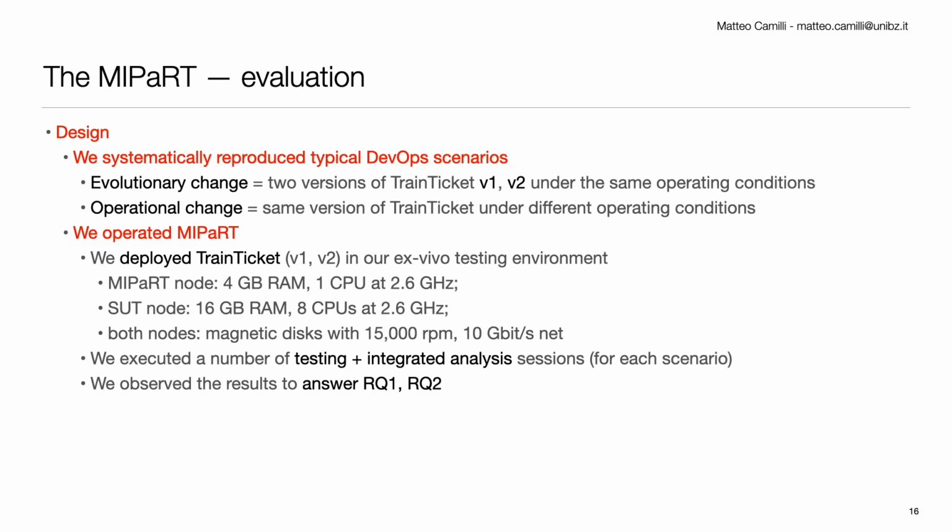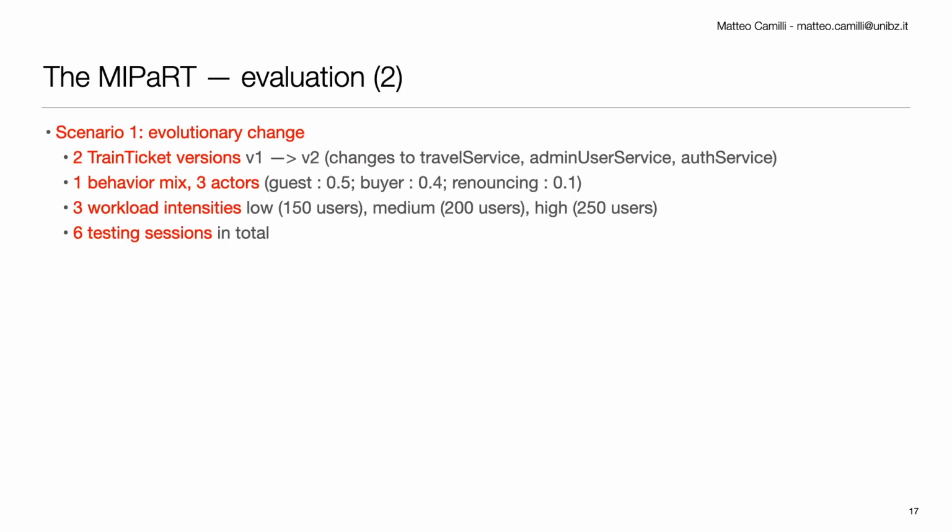For each one of these scenarios, we deployed the Train Ticket in our ex-vivo testing environment. We execute a number of testing sessions plus the integrated analysis, and then we observe the results to answer our research questions. So we reproduced the first scenario, the evolutionary change, by testing two versions of Train Ticket, V1 and then V2.